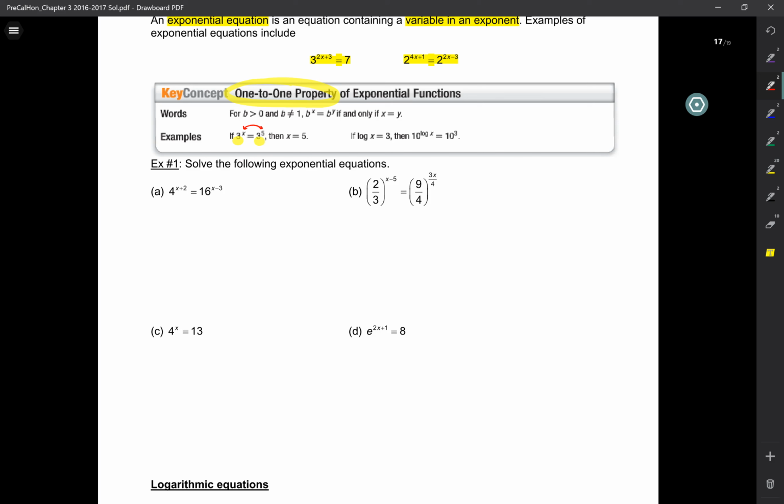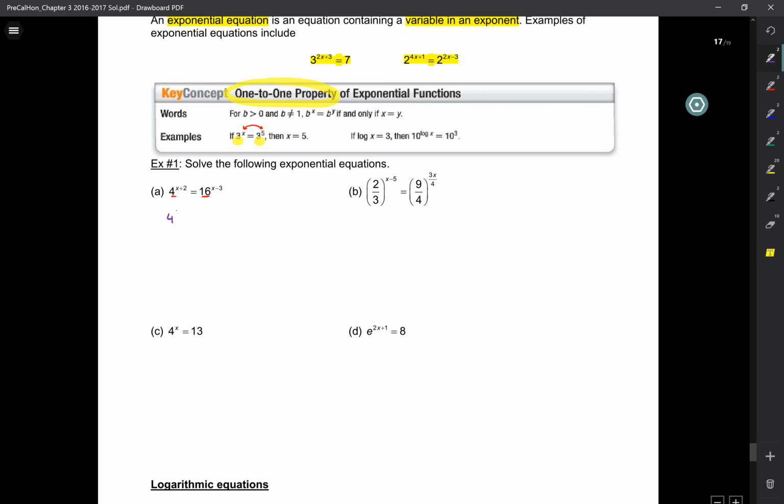So what I want to do is make the bases on either side of the equation equal to one another. It's not necessary that the base is the simplest form possible. They just have to be equal. So here on one side I have a base 4, on the other side I have a base of 16.